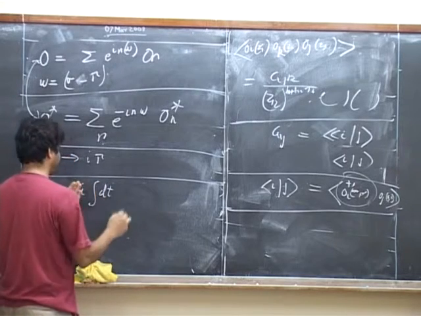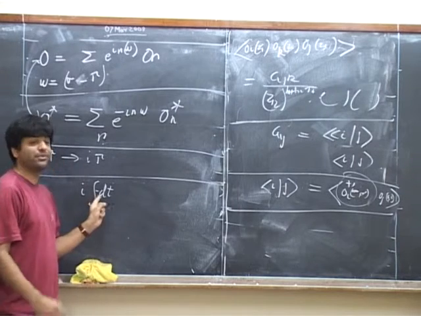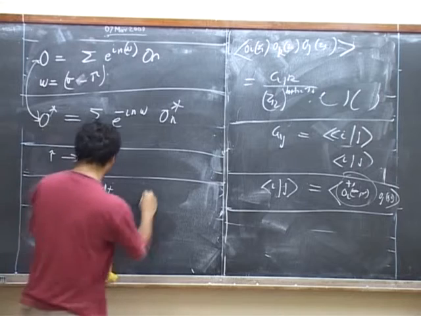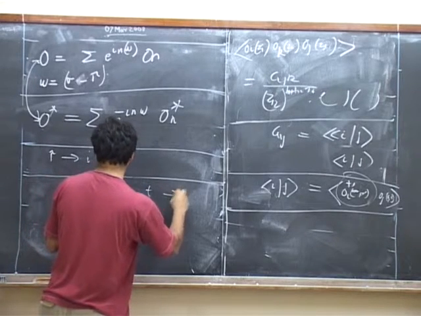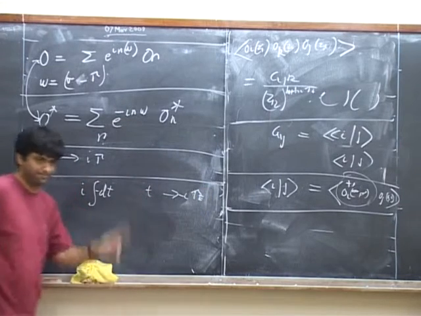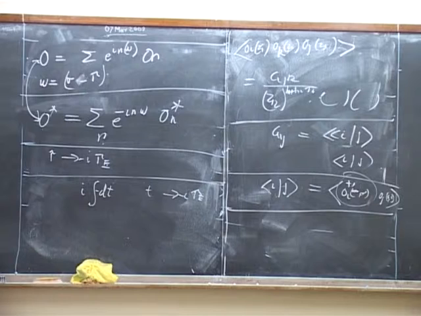There's an action and it comes with a minus sign. This thing should contribute with a minus sign after analytic continuation, and so t should go to minus I t.